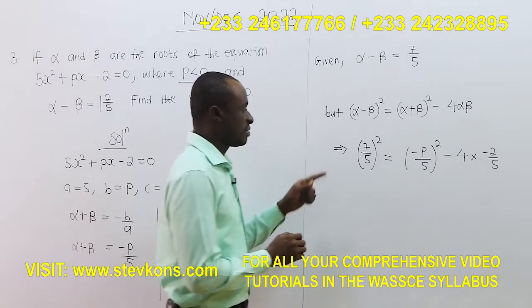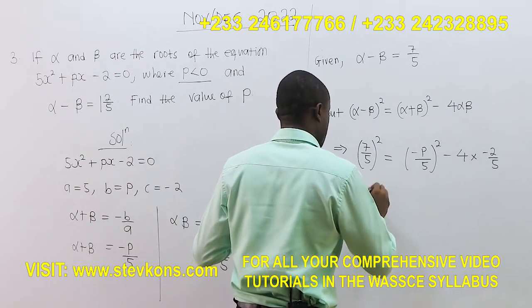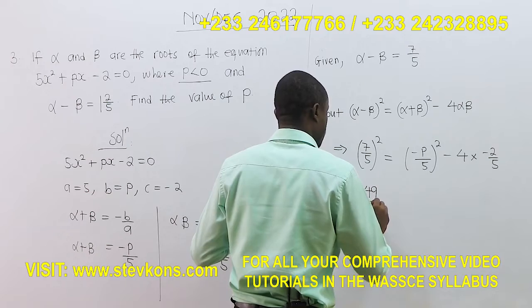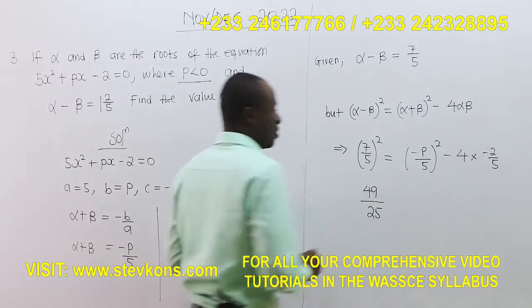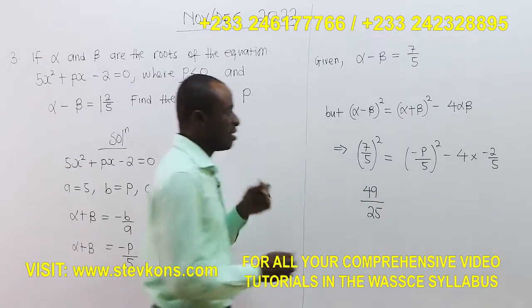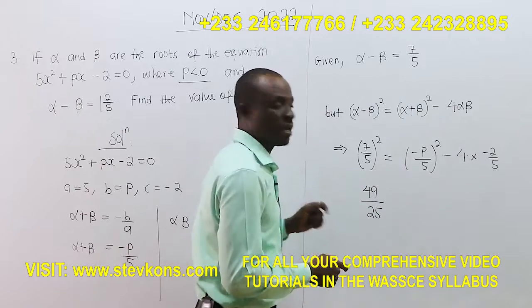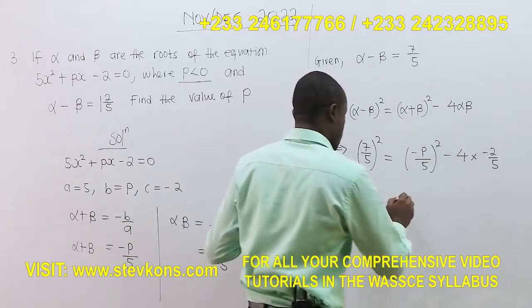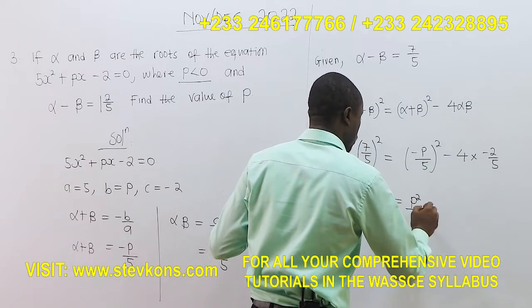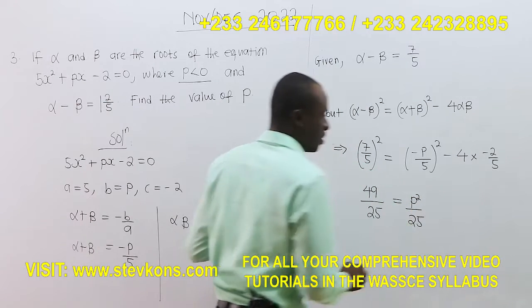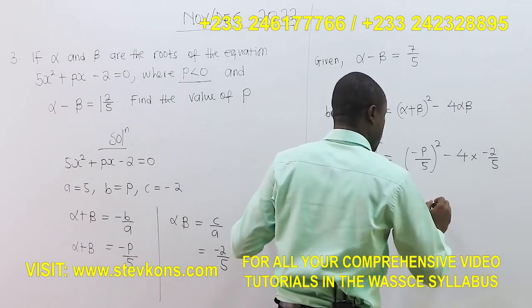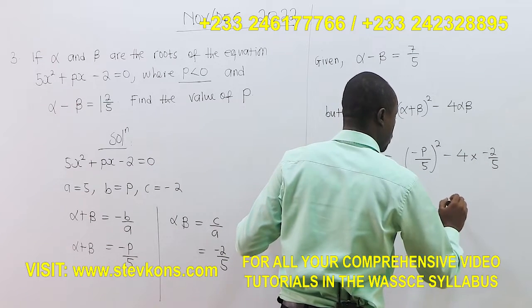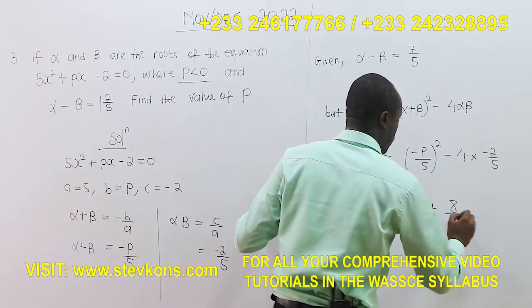So here it becomes 7 squared, that is 49, over 5 squared, that is 25. On the right, because we have an even power, the negative becomes positive, so this is p squared over 25, and then negative times negative gives positive 4 times 2, that is 8 over 5.